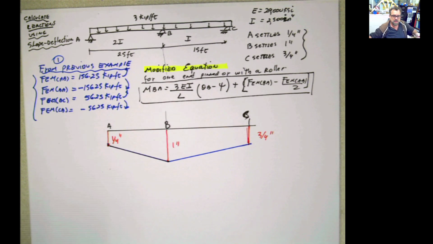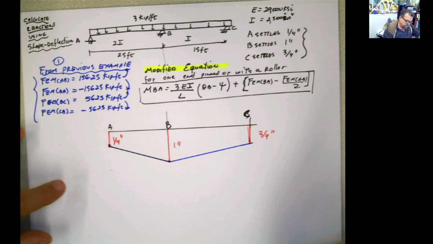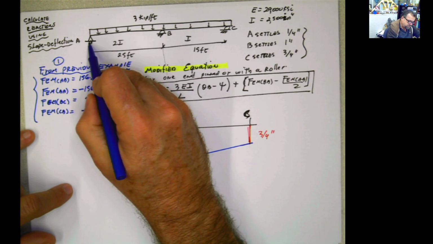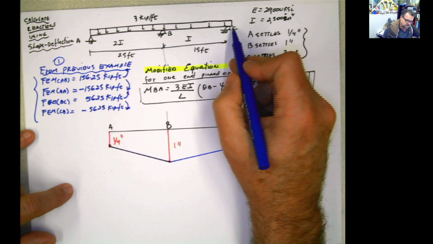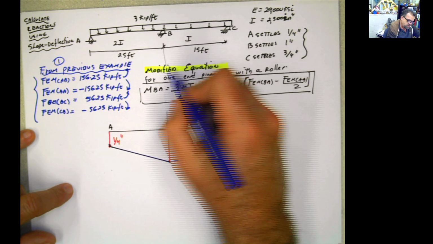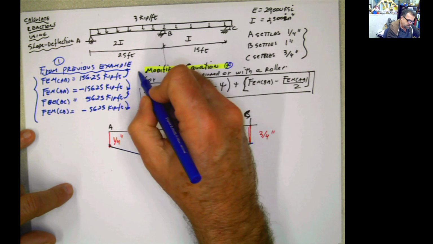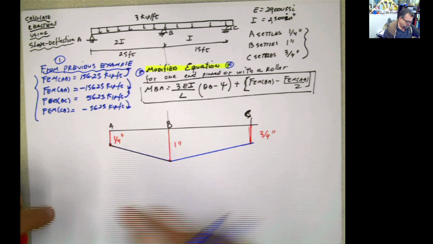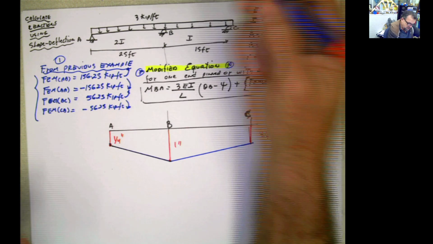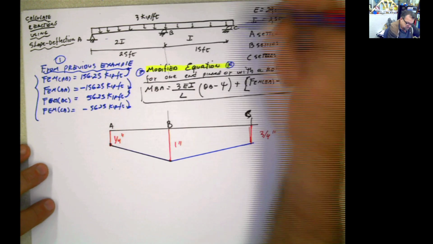Second, because this is ending in a pin and this is ending in a roller, we're going to use the modified equation, which was also explained in the previous video.